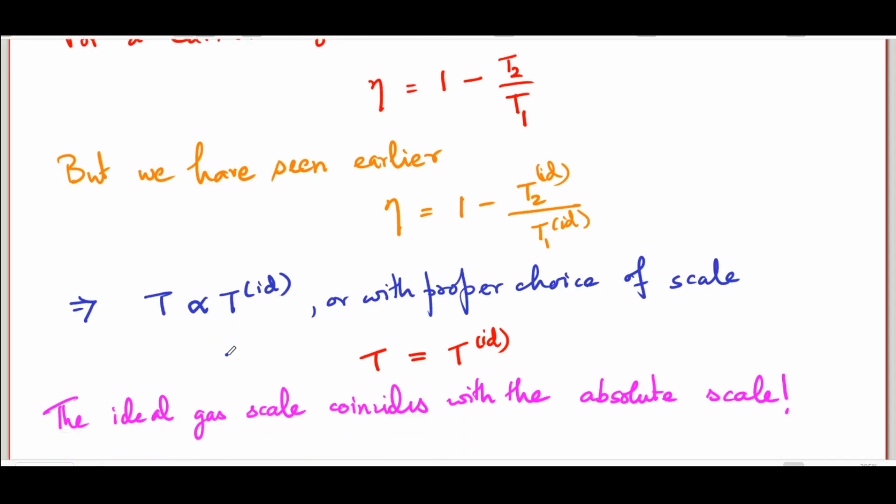So the ideal gas scale, which was somewhat special among all empirical gas scales, but only special in the sense that although we defined it using real gases, it ultimately worked out to be independent of the identity of the gas used, turns out to have a much deeper significance. It is actually identical with the absolute thermodynamic scale of temperatures, which has a thermodynamic significance directly in terms of measurable quantities involving heat engines.